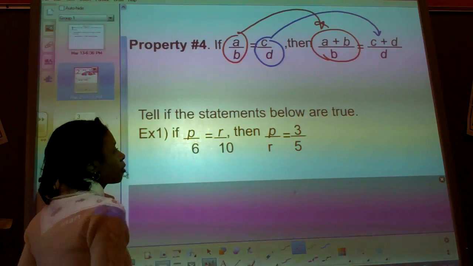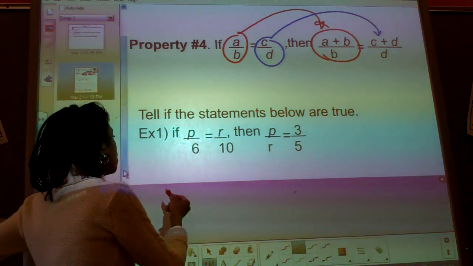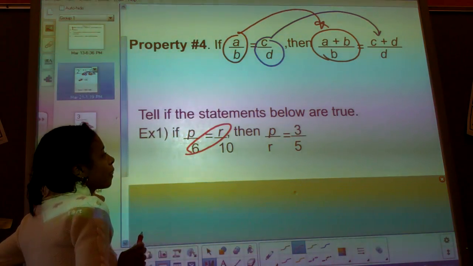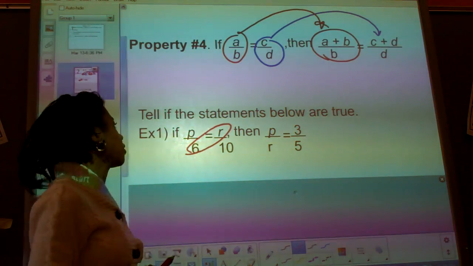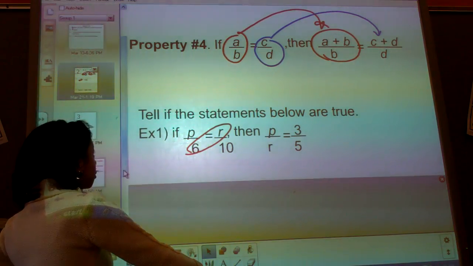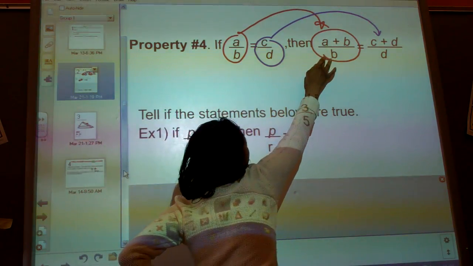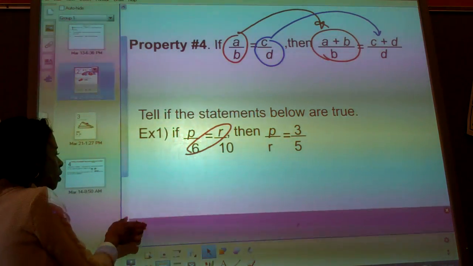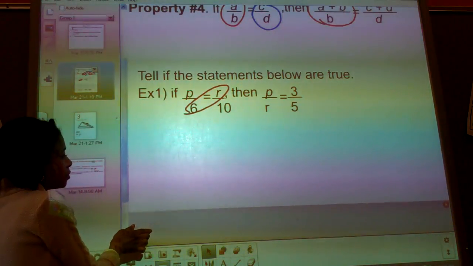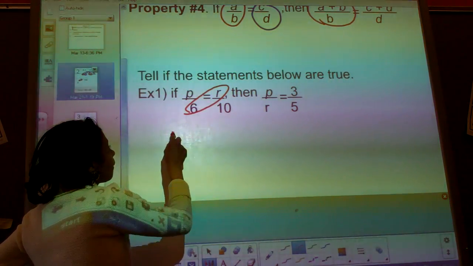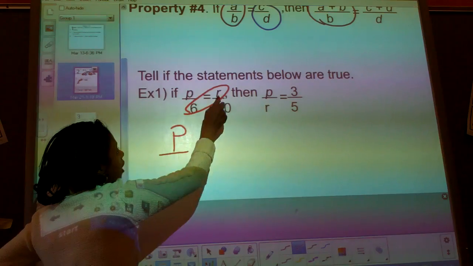Does this look like property 3 where we do A over B and then we switch the B and the C? Well, it kind of looks like property 3 to me, and I'm going to show you why. It definitely does not look like property 4 where we add the denominator in the numerator. So here we have P over R, and I switch these two.